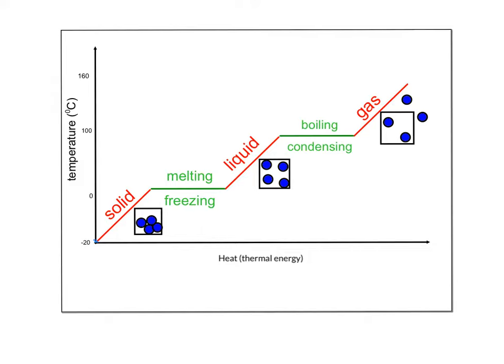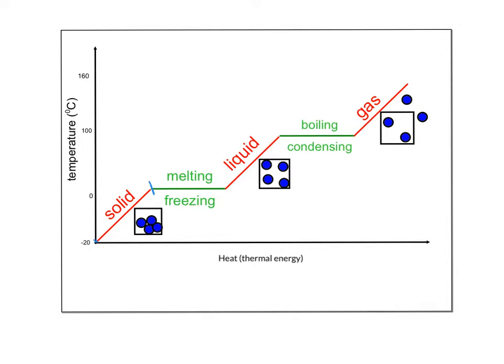As we go, if you look at the x-axis, we're adding heat or thermal energy at a consistent rate. What that causes these blue particles to do is they start to warm up, which means their kinetic energy is increasing. So those particles are vibrating faster and faster, and their temperature rises. At some point, we're going to hit a magic number for water, which is 0 degrees Celsius. You can see the graph is still moving over towards the right.